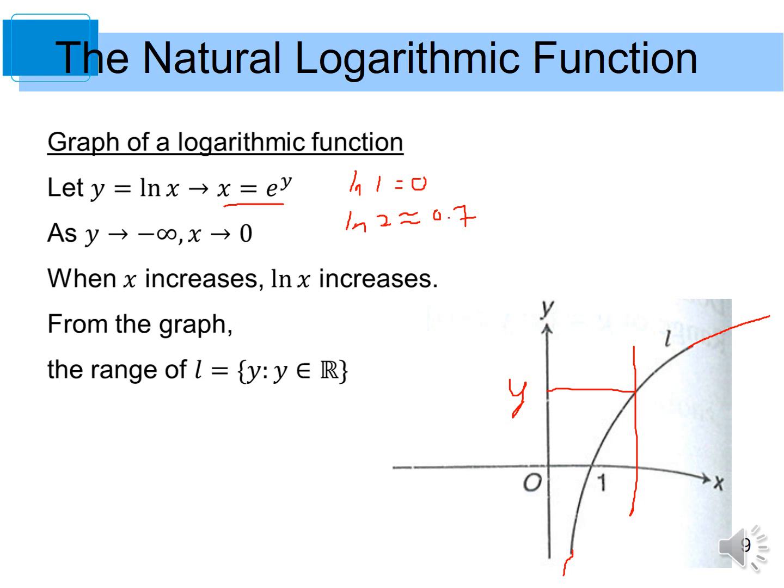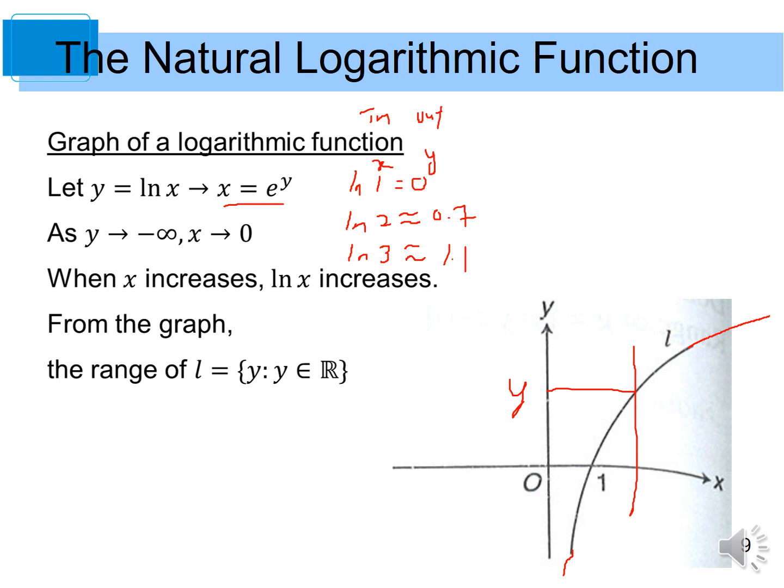And natural log of 3 is about 1.1. And you know that 1, 2, 3 are input, the x value input, and 0, 0.7, 1.1 are output. You can say y.